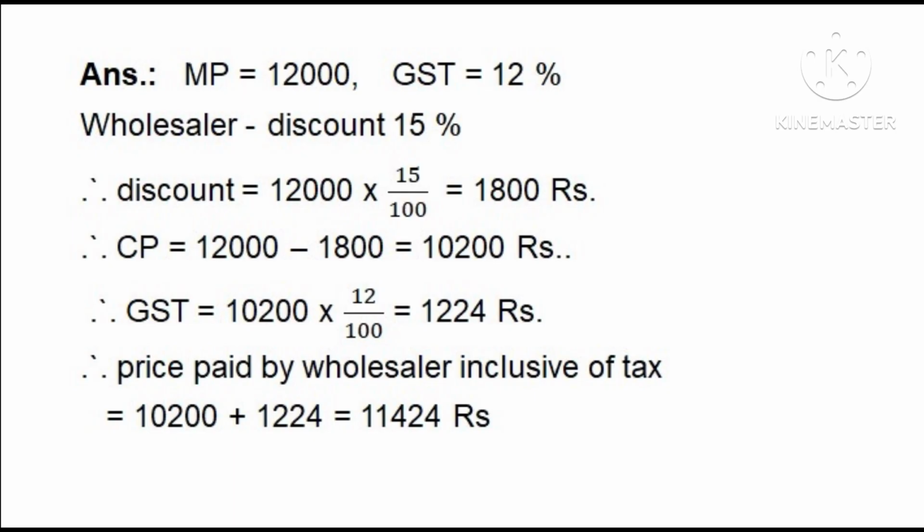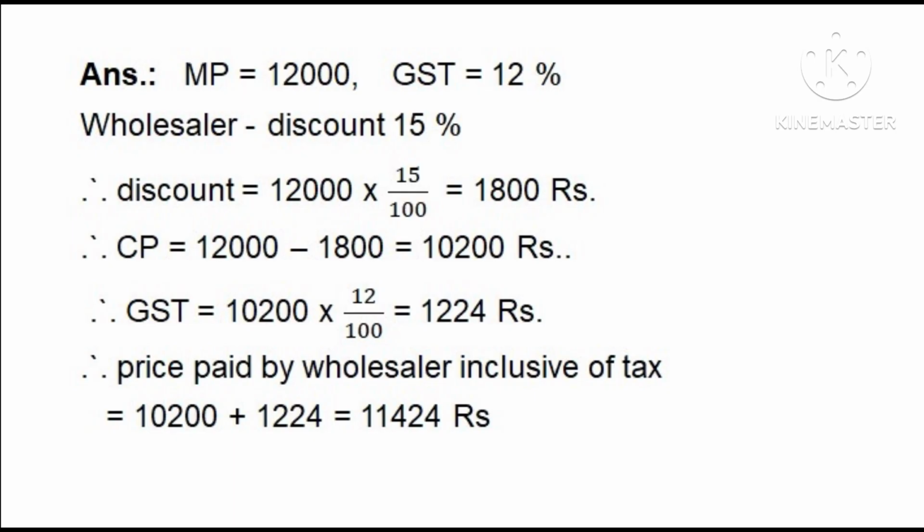Discount is 15%. Therefore discount equals 12,000 multiplied by 15 divided by 100 equals 1,800 rupees. Therefore CP equals 12,000 minus 1,800 equals 10,200 rupees.